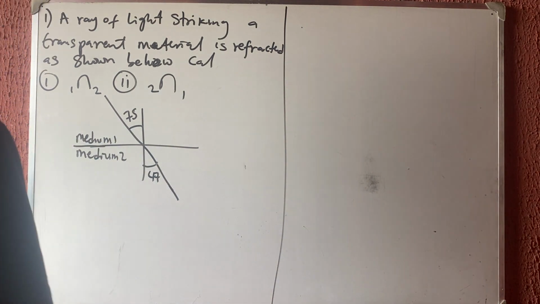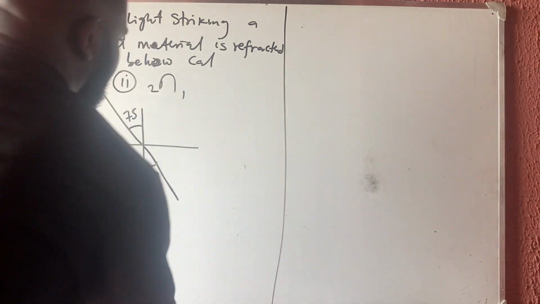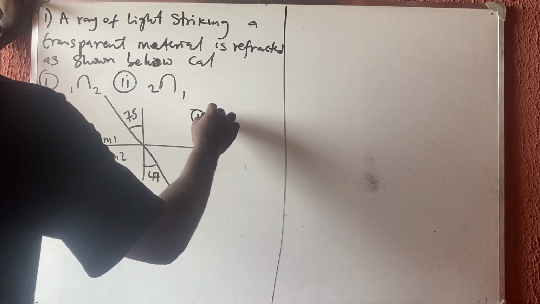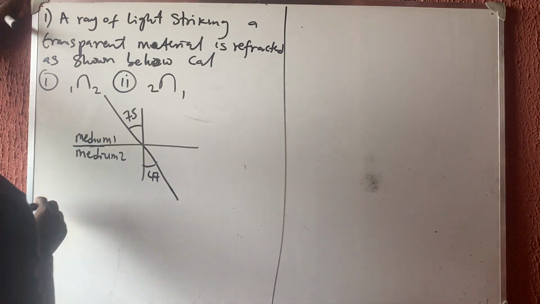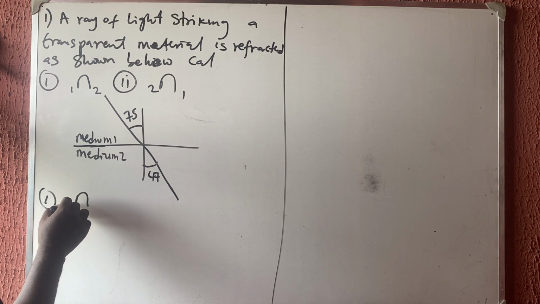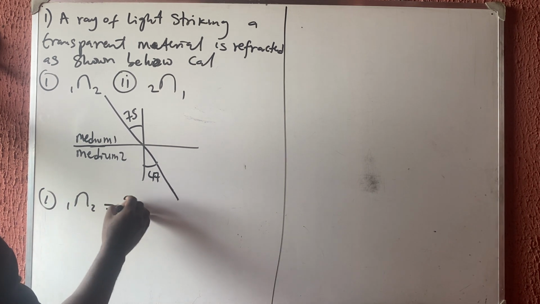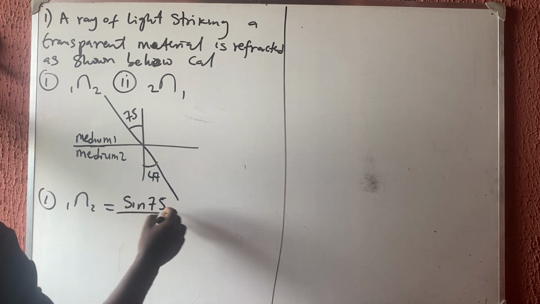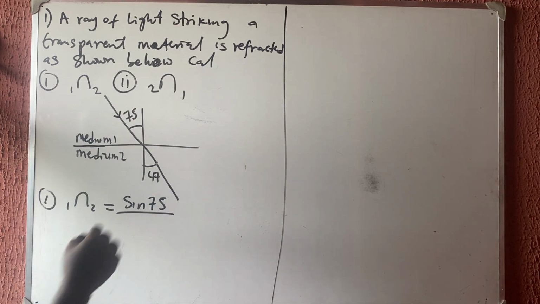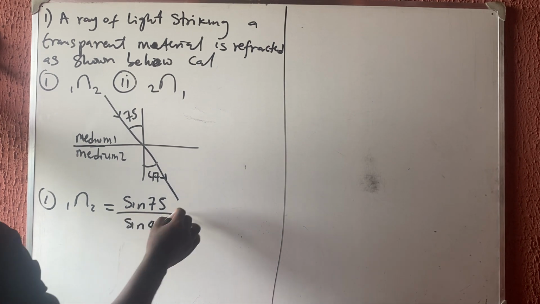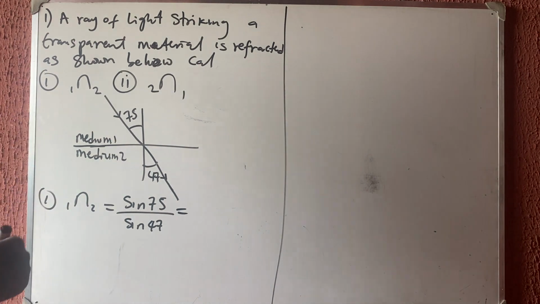Now, this is very, very simple. Don't forget your Snell's law. For me to get the refractive index from 1 to 2, it is the sine of 75 all over the sine of 47, because it's coming this way and still moving this way.